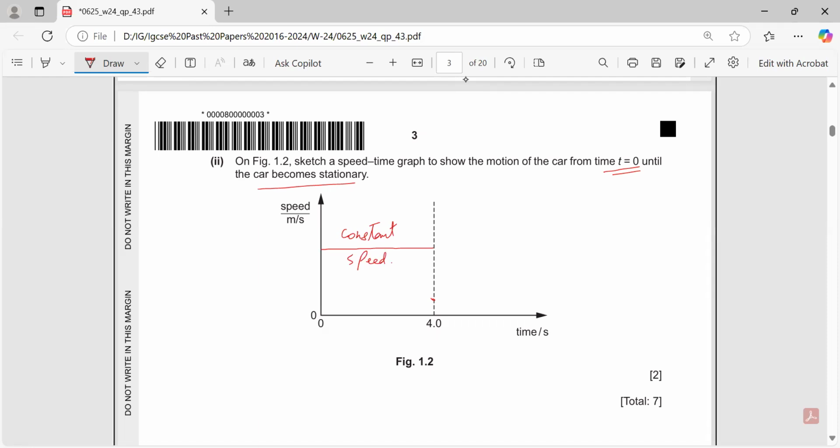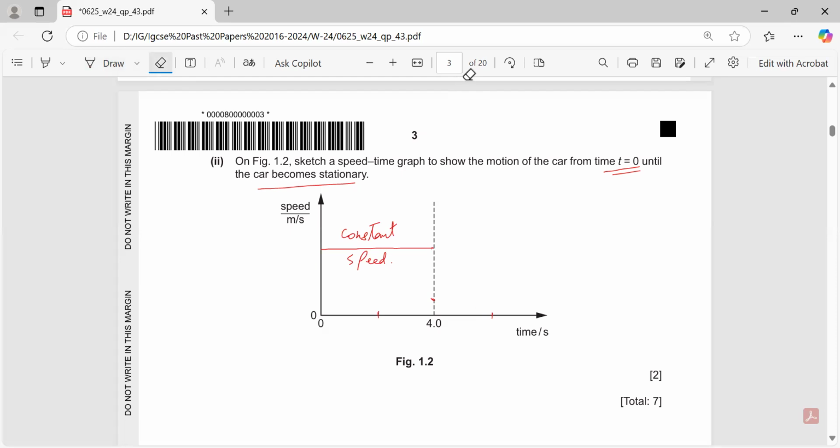The car becomes stationary. See, 4 seconds. So see, this is 2, 4, this is 6. It takes 1.5 seconds, so less than 2, something like this. This will be the correct graph, dear friends.